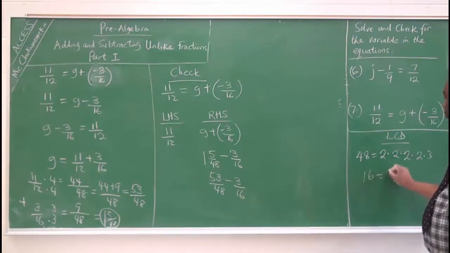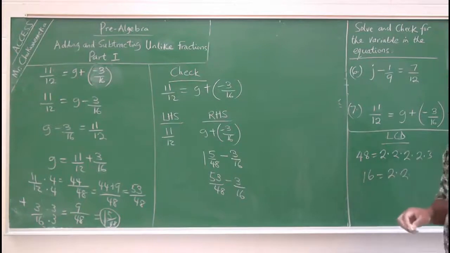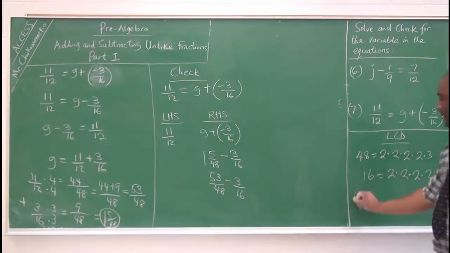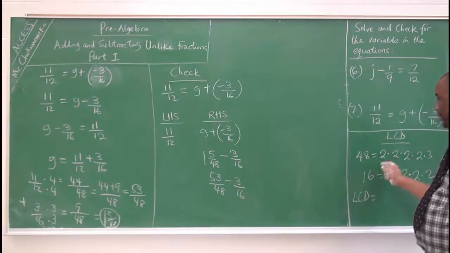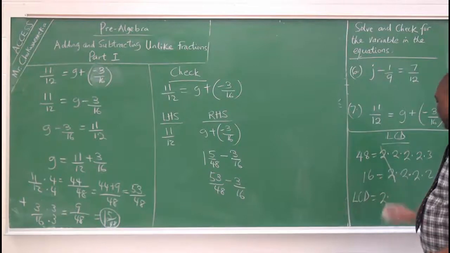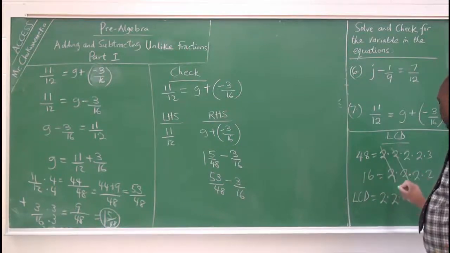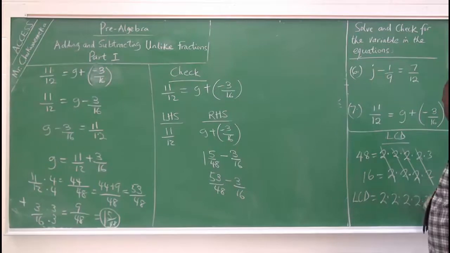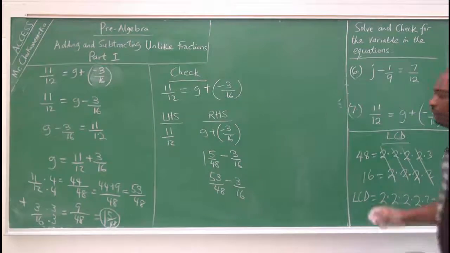Then 16 is 2 times 8. 8 is 2 times 4. 4 is 2 times 2. So the LCD will be 48. The pairs of 2s we count one time each, times 3. And that is 48. LCD, 48.